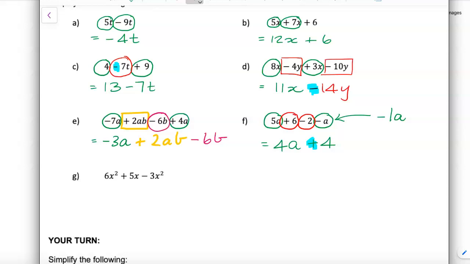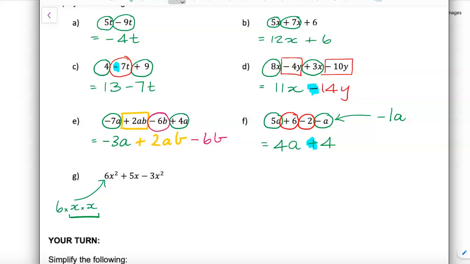In my last example, I've got 6 lots of x squared plus 5 lots of x, subtract 3 lots of x squared. Now, although these three terms have an x in it, they're not all the same. This first term is 6 lots of x times x, and that's where the x squared comes in, remembering our index laws.